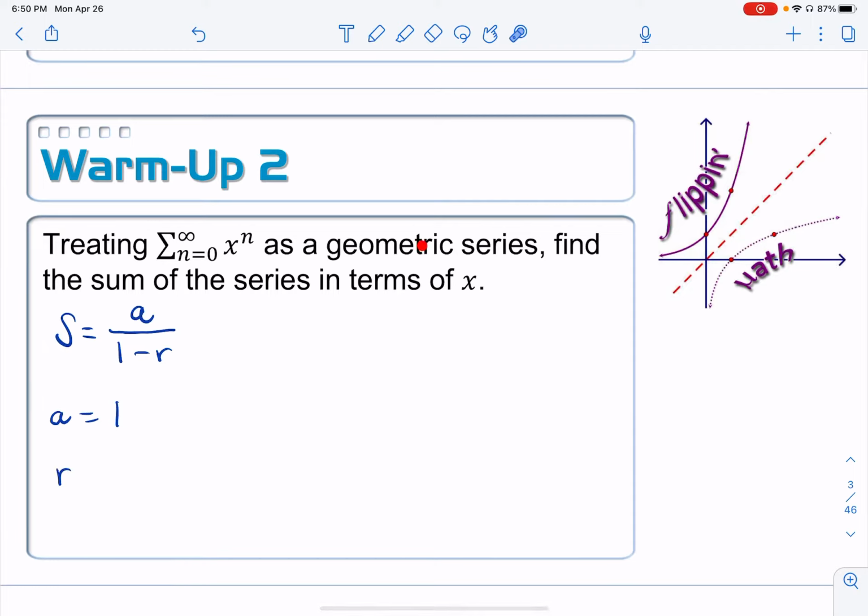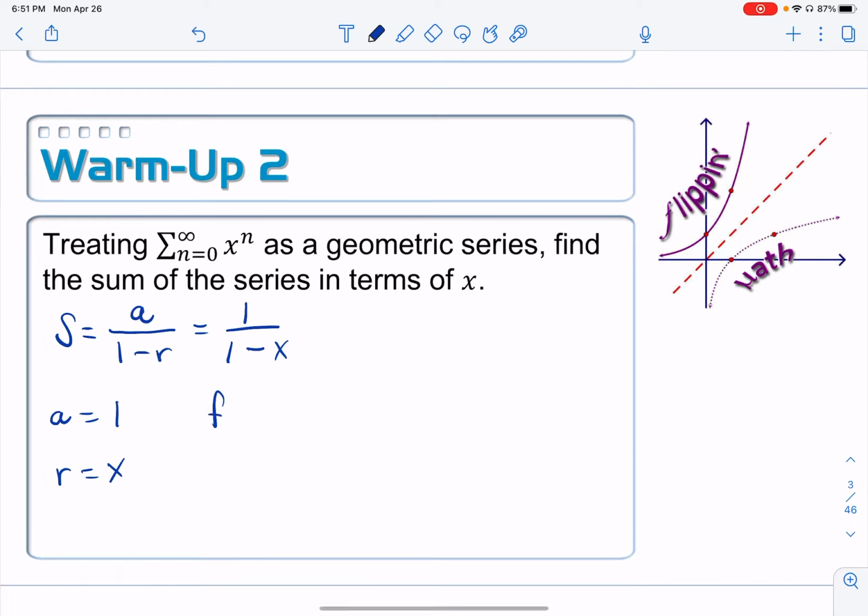All right then, now we also need our common ratio. And if we're treating this as geometric, the common ratio is just x. R is equal to x, which brings us then to the sum of the series. A is 1, so it is 1 over 1 minus x. Well, there you go. So in other words, let me make some connections for you.